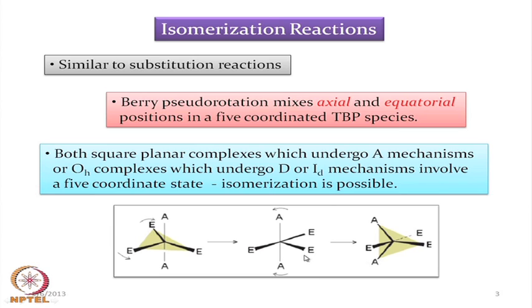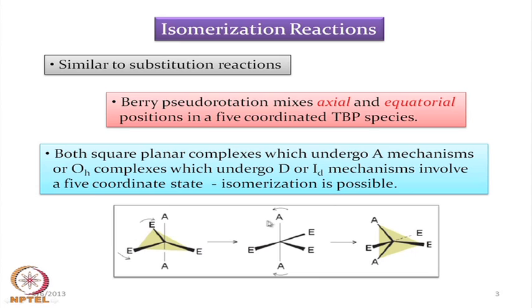So, if we consider that, then if these are moving, that means this A cobalt A bond angle is 180 degree now, and if these two are moving, that means this A cobalt A bond angle will try to reach from 180 again to 120 degree.